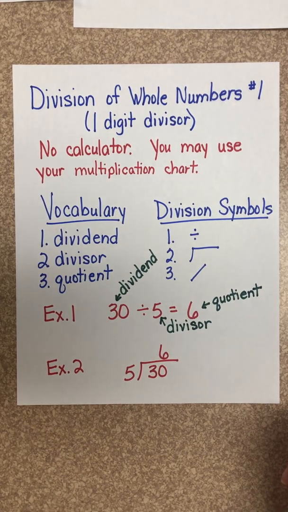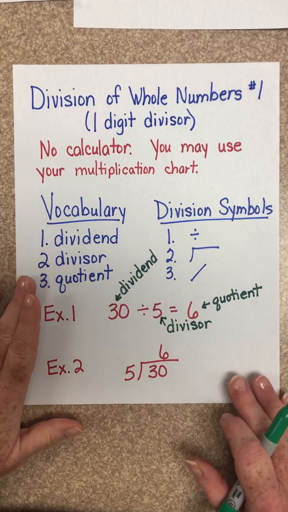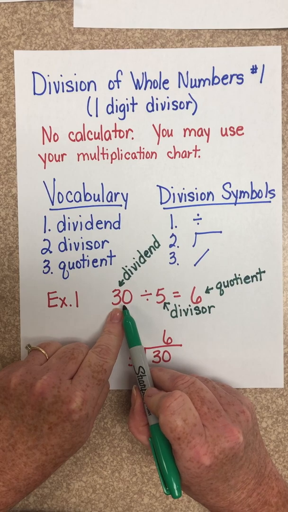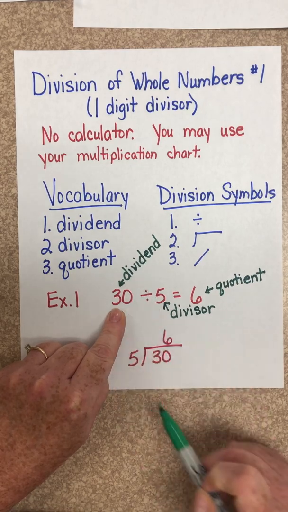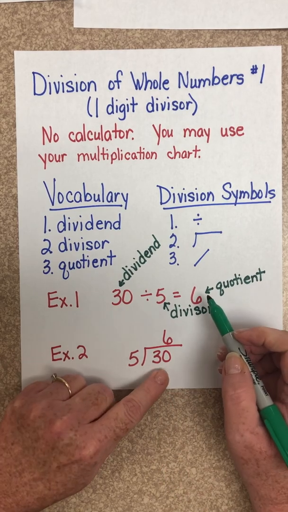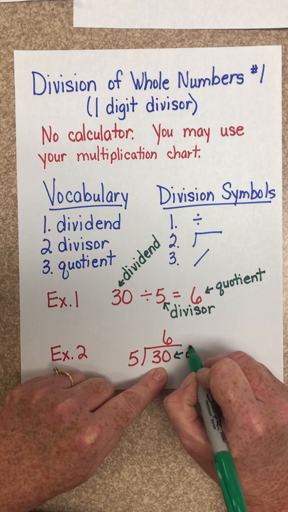Now let's look at the next example. This time we're using the long division symbol, but notice the first number using the traditional symbol is the dividend. We put that number inside the box, so that means that the number inside the box is your dividend.